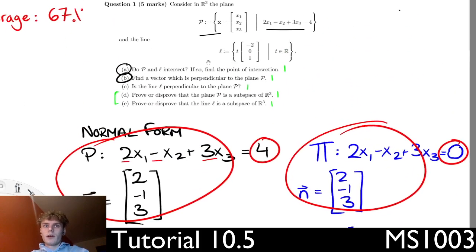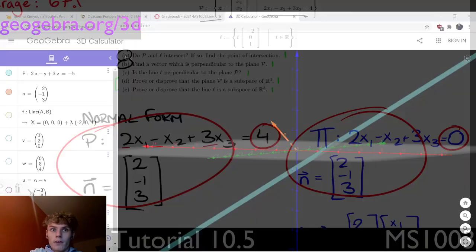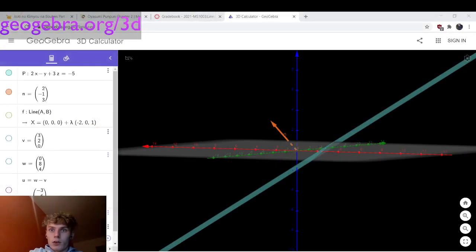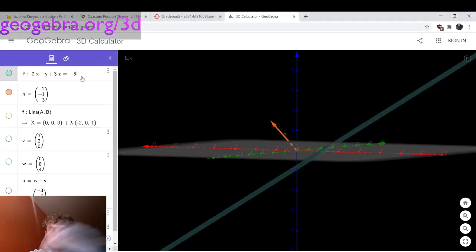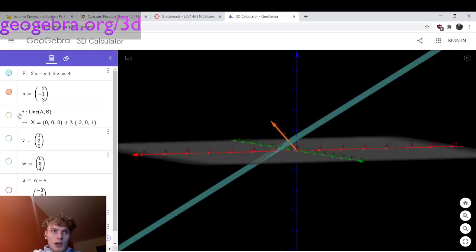Sorry. Well, let's talk about the rest of the question. Is the line L perpendicular to the plane P? Okay. Let's jump back into it. So if I just make this 4 again, and now I'm going to draw the line.